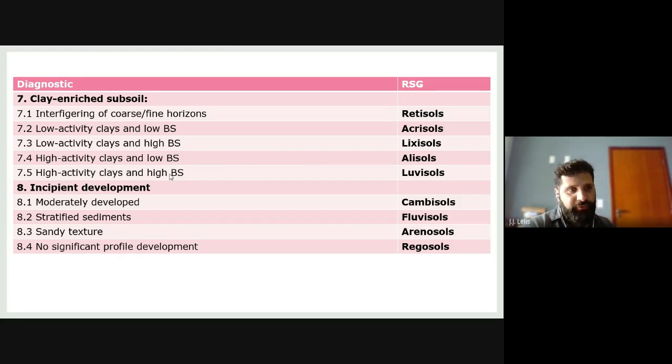We need to check these three pieces of information to classify a Luvisol: an increase of clay content, high activity clays, and a high base saturation. Okay. We also can find some incipient development soils, those soils that do not present easily distinguishable horizons and layers.